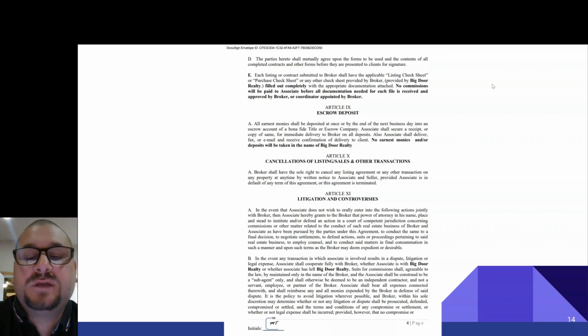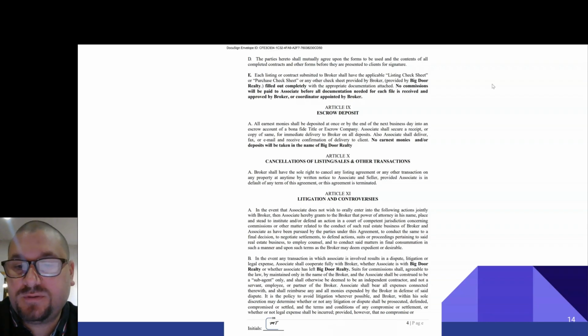What a mouthful. This is litigation and controversies. Article 11, Section B. In the event any transaction in which associate is involved results in a dispute, litigation, or legal expense, associate shall cooperate fully with broker, whether associate is with Big Door Realty or whether associate has left Big Door Realty.